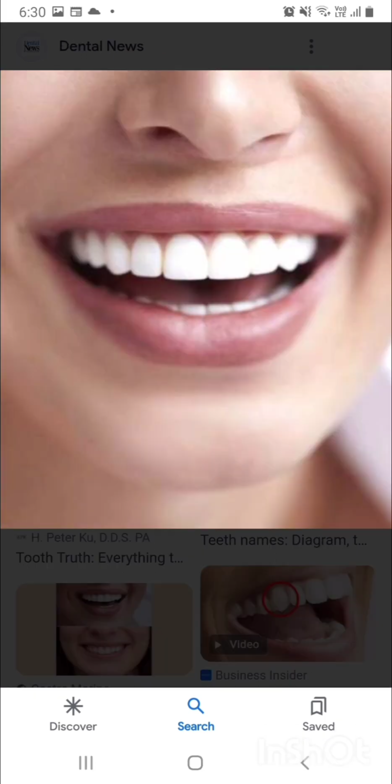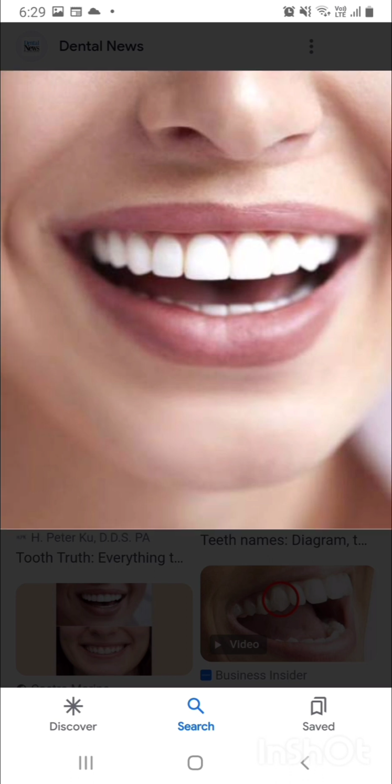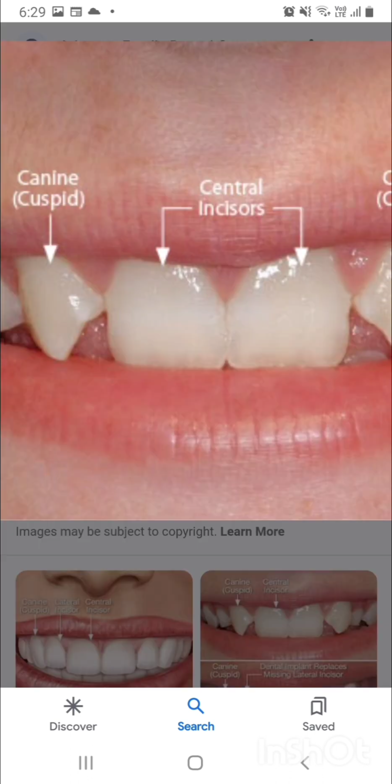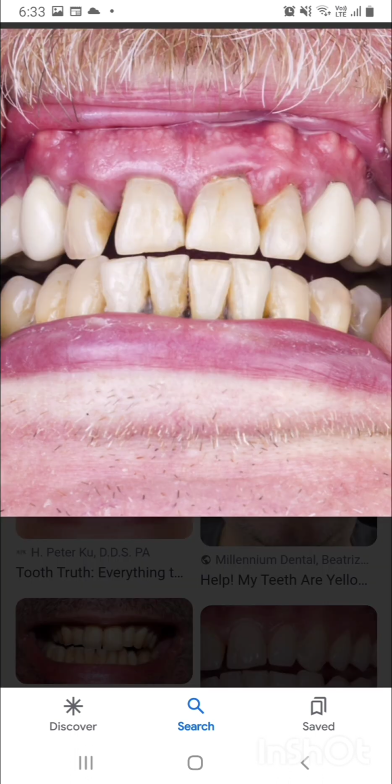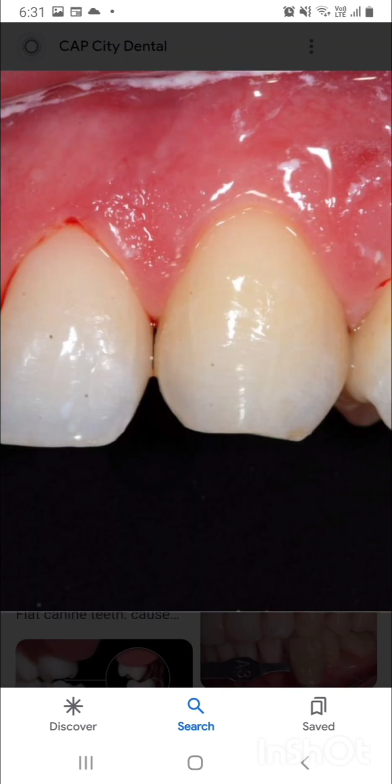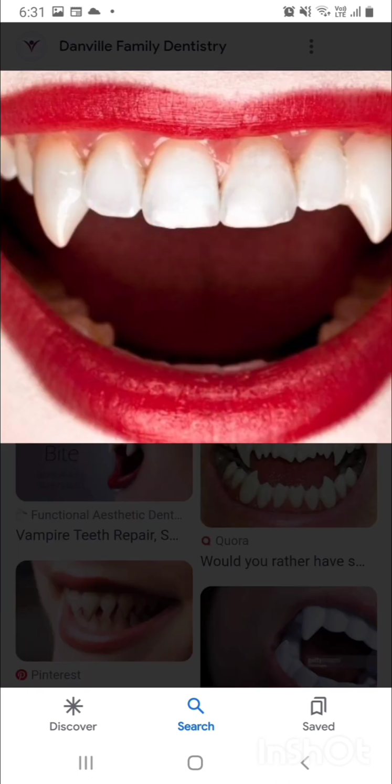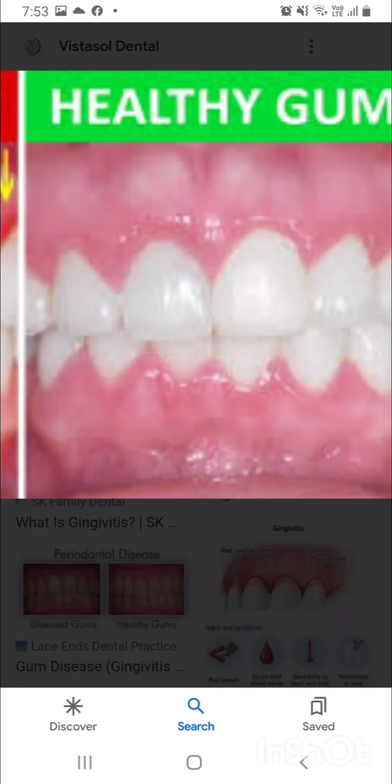So you'll find that the gum is going to be swelling, right? The gum will swell, and then the gum will also change the color. The normal color of the gum is pink, right? But when you find the gum darkening or the gum shining more, then there is a problem.